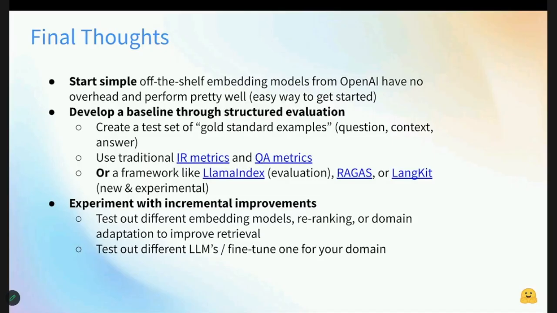There's no way to tell if improvements to your system, be that a better embedding model or retrieve and re-rank, are actually happening by just subjectively looking at some examples. Really, what you need to do is develop a test set of gold standard examples and use some type of structured evaluation.